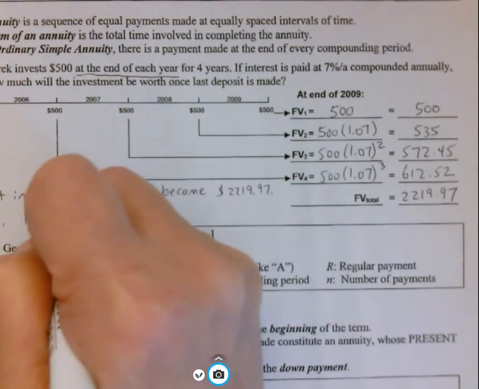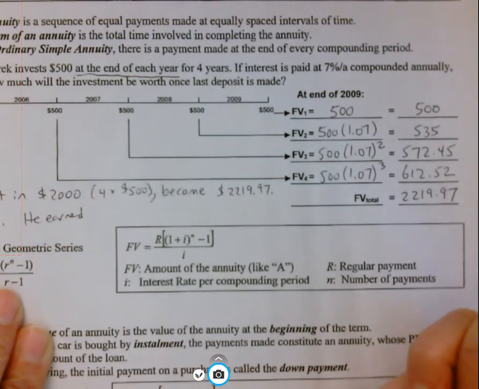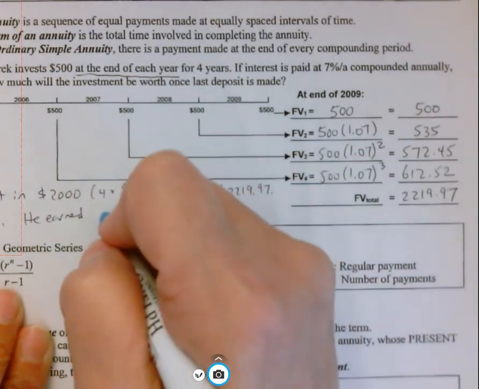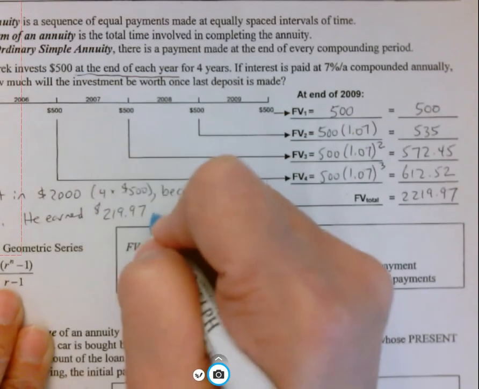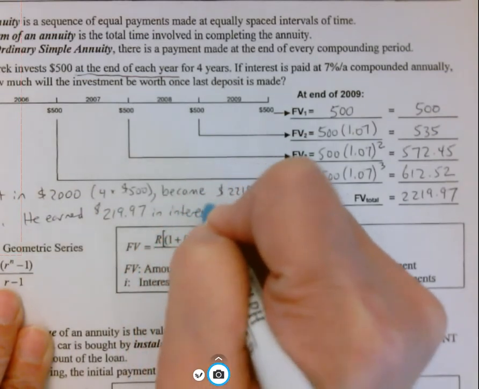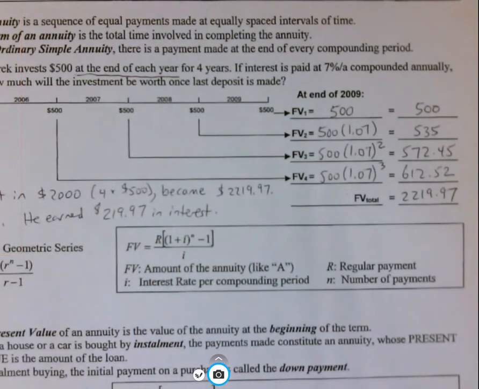Therefore, he earned the difference in interest. So the difference is 219.97 in interest. Okay, he put from his pocket $2,000, but it ends up being worth 2219.97. So he's earned that in interest.